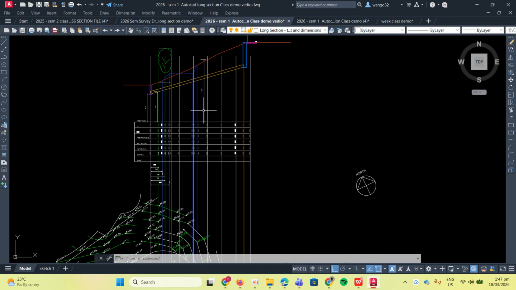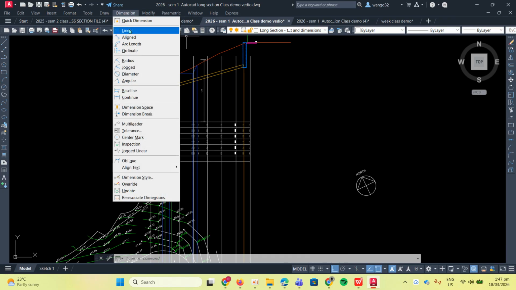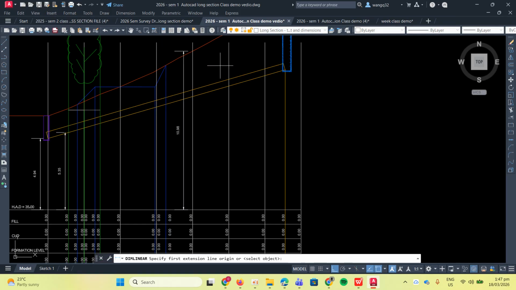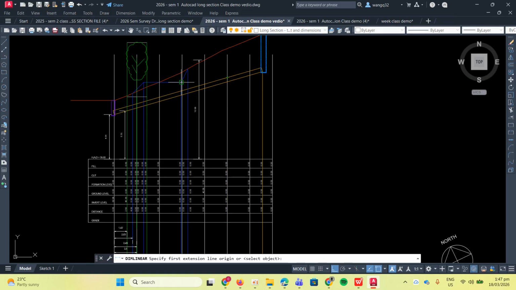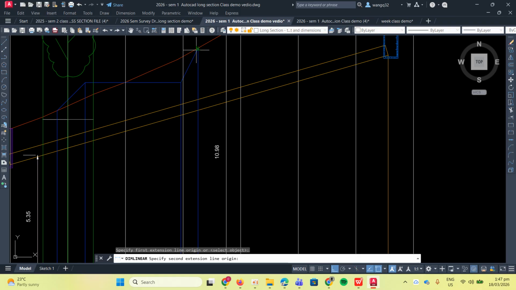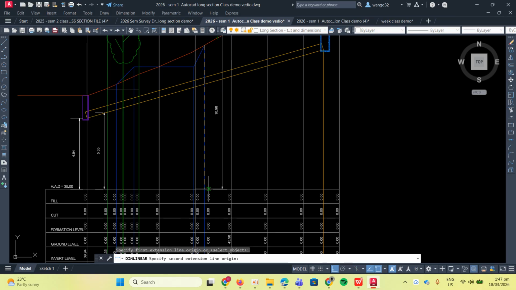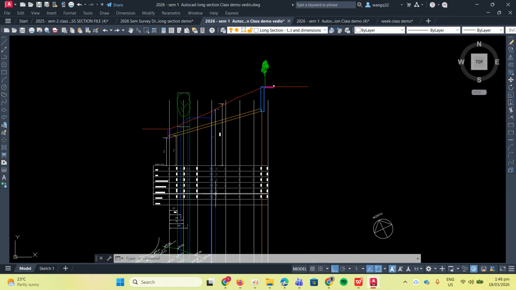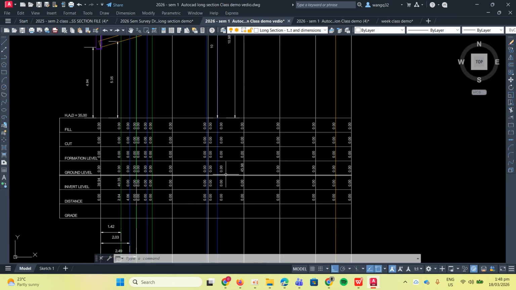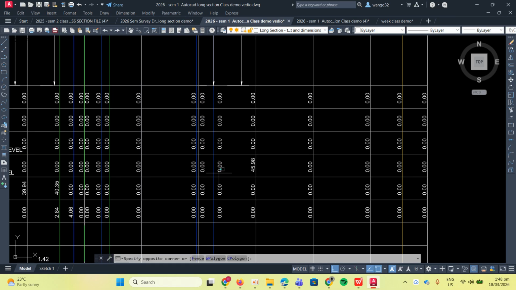So what I'll do, I do another linear dimension. Let's say if I want to find the ground level there, I just check the ground level from here to here, which is 10 meters. I use 10 plus 35, which gives me 45 for my ground level here.